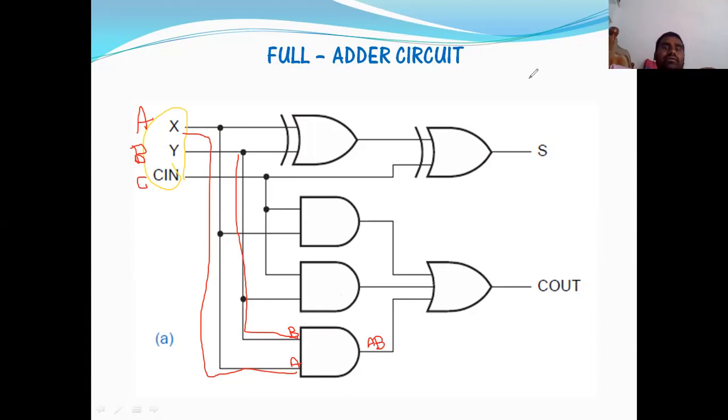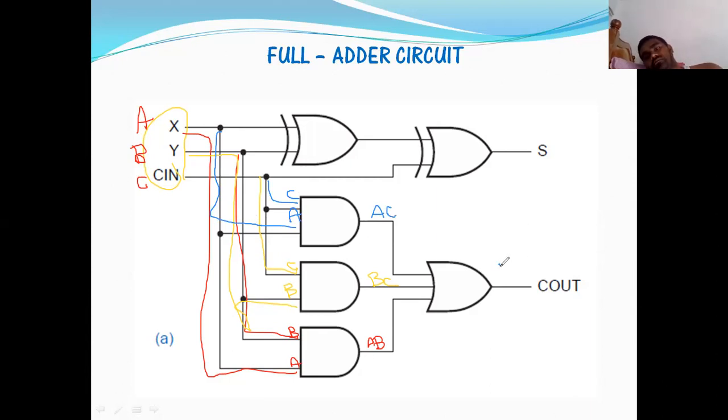Okay. And next, we are getting B here, and next B and C. Next here we have C, and next this one A, so we are getting here AC.